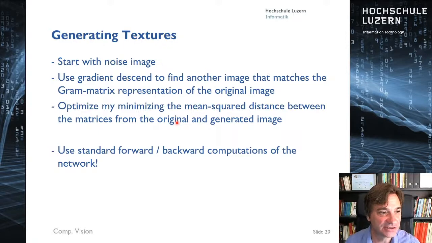So the loss function is the mean squared distance between the matrices for the original and the generated image. And you can use the same standard forward and backward computation of the network. Just at the end of the backpropagation, you apply the gradient to the image and not to the weights.